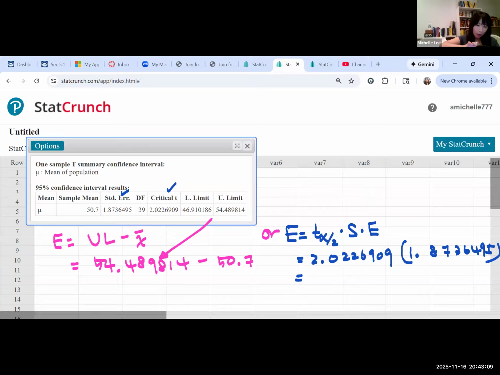So 2.0226909 times 1.8736495. Yeah, exactly the same. If we make 4 decimal places, so 3.7898. We have the same as here, 3.7898. Yeah.